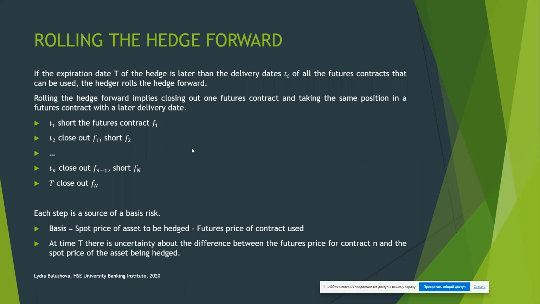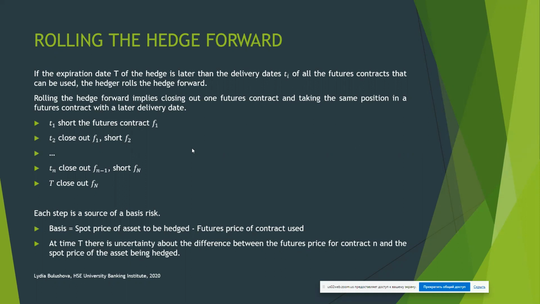First of all, consider an expiration date of the hedge that is later than the delivery dates of all the futures contracts that are available. So I need like a 3-year hedge. That sounds crazy, but there are no 3-year futures contracts, and I have to purchase a series of futures contracts.